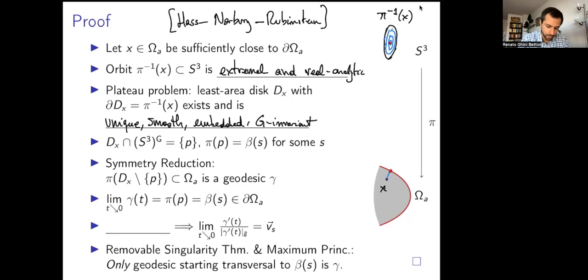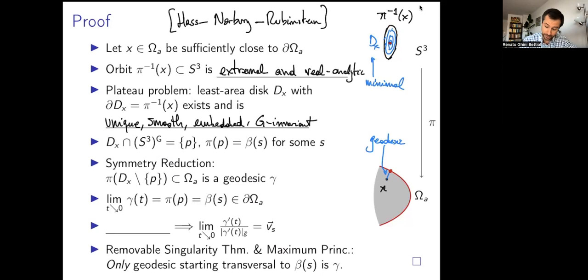Also remember that the symmetry reduction principle of Xiang-Lawson is an if and only if statement. So because this disk upstairs is minimal, its image downstairs is a geodesic. So I have a little piece of geodesic, at least, starting from the boundary at some point.